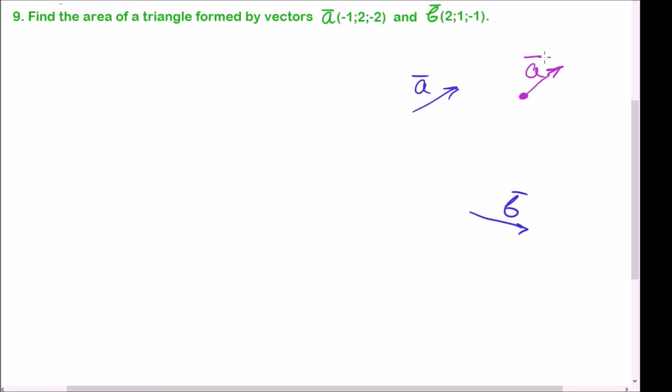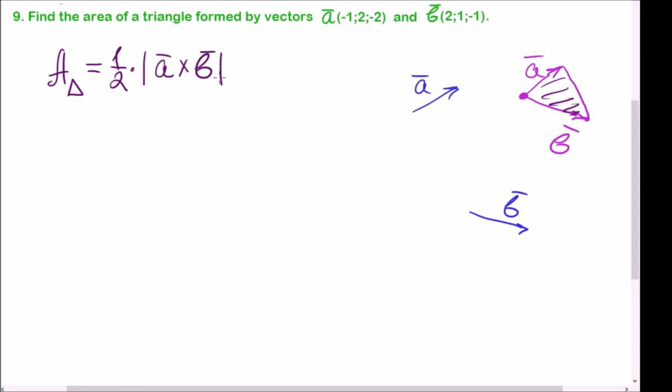Look, it's my vector a and it's my vector b, the same initial point, and the triangle formed by those vectors. How to find the area of that triangle? The area of the triangle formed by the vectors a and b is 1 over 2 multiplied by the absolute value of the cross product of the given vectors.